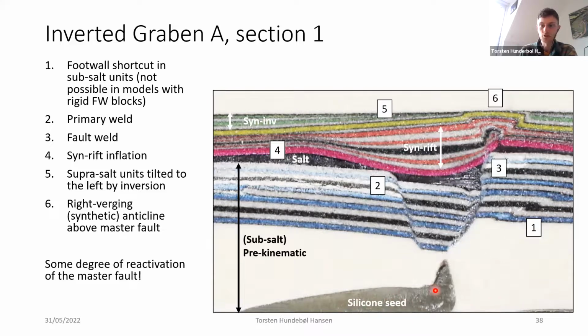So that's quite a good result, I think. It's mostly right verging, an anticlinal inversion structure here. So a different pattern than in the other graben.